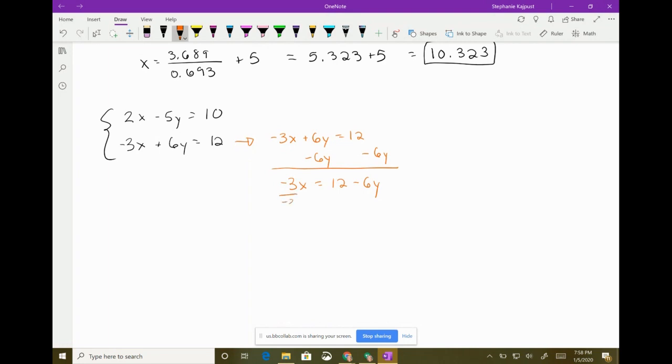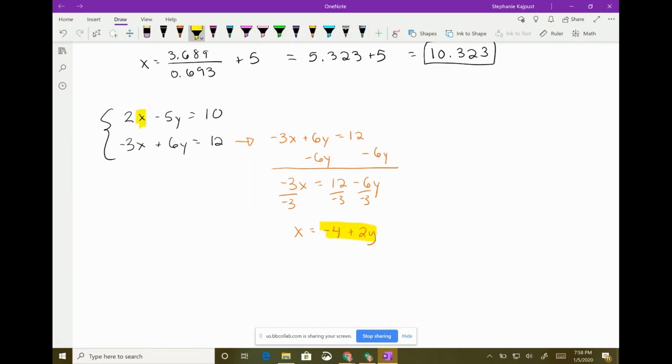Then I'm going to divide everything by negative 3, so that I get x equals, then 12 divided by negative 3 is going to be a negative 4, and a negative 6 divided by negative 3 is going to be a plus 2, so that's going to be plus 2y. So since I solved the second equation, I'm going to plug this into the first equation.